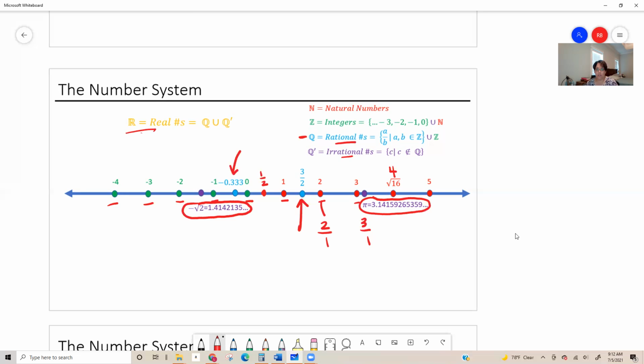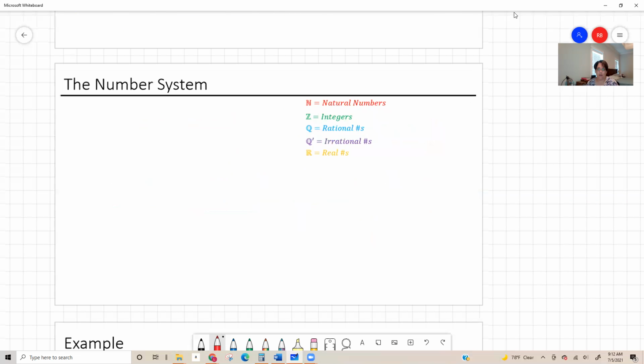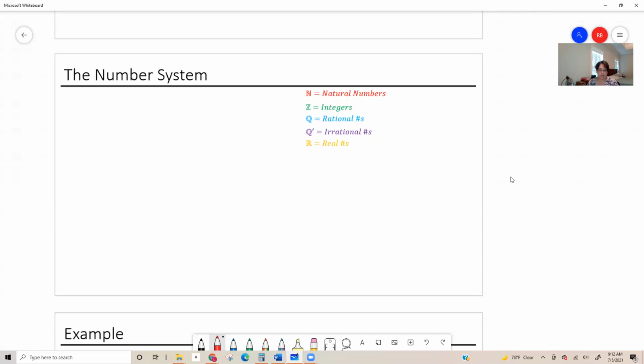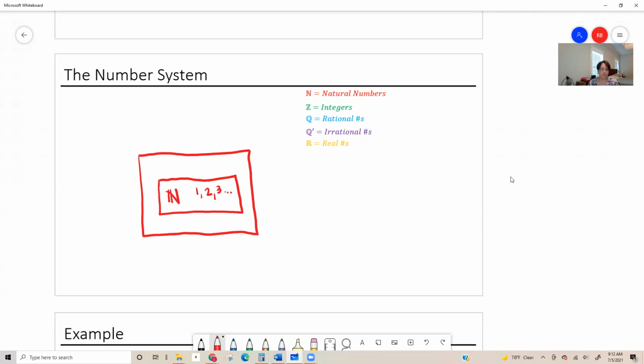So I'm going to give this to you in a different format. We've talked about this before, but so that you'll have it in your notes. You start out with the natural numbers, which, remember, are your counting numbers, and so on. Your next one is going to be your integers, which is Z. Remember, it adds in 0 and also all of the negative numbers.